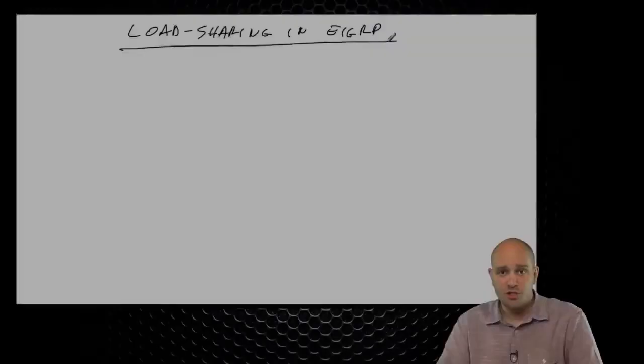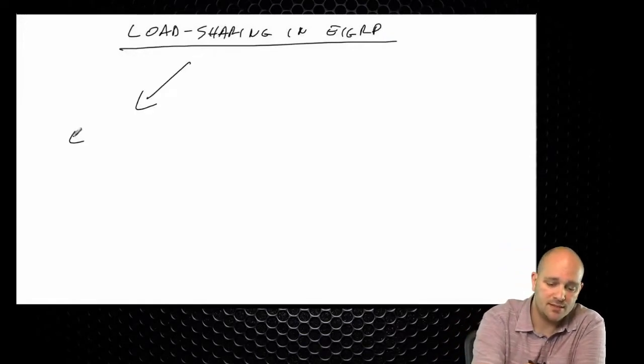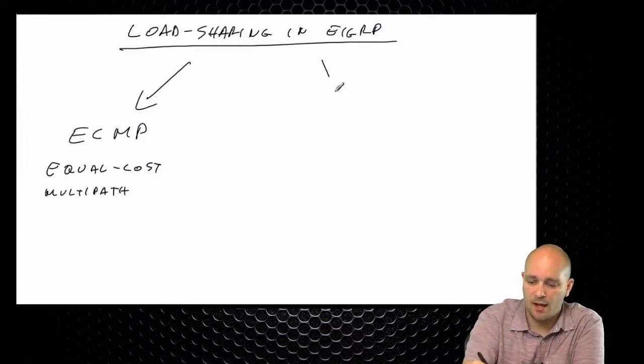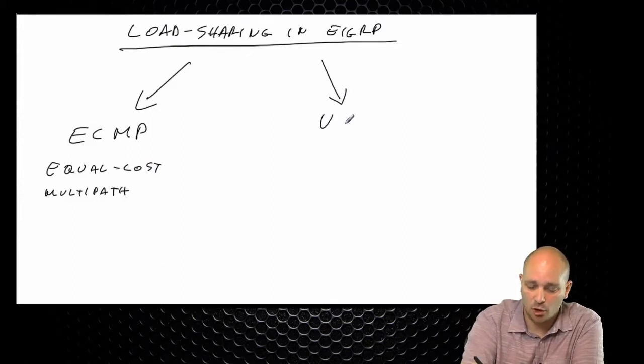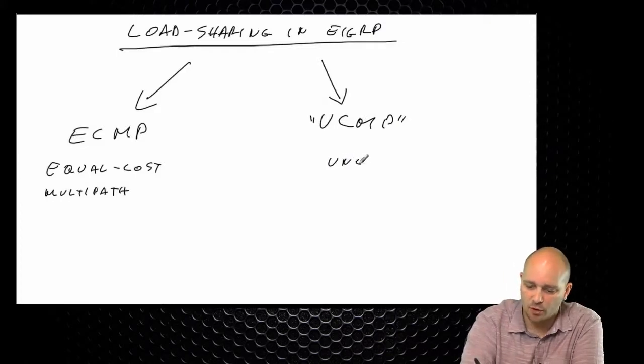Load sharing in EIGRP comes in two flavors. One is ECMP, or equal cost multipath, and the other one is unequal cost multipath. Now I just invented this, so this is my invention, and this is unequal cost load sharing.